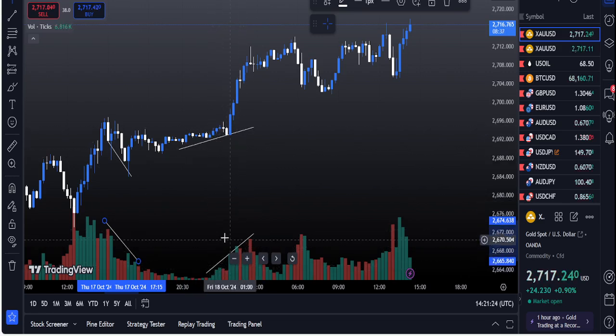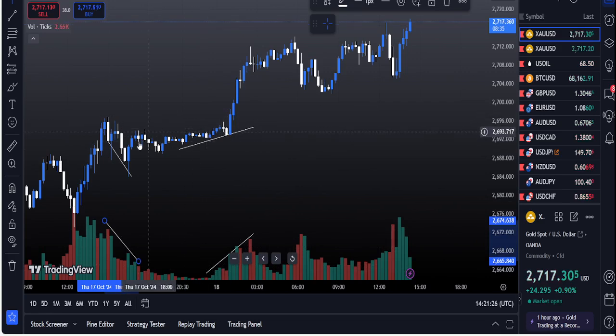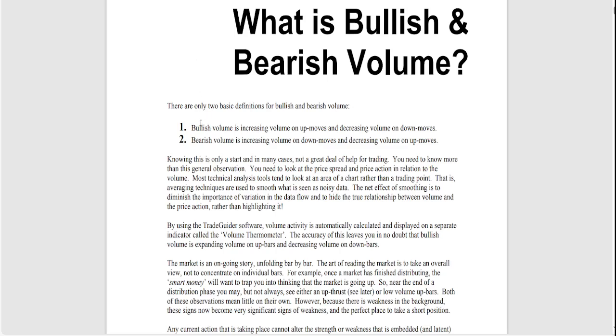In part B, price is going down and volume is decreasing, which we also call bullish volume. So when the market is in bullish volume behavior, it means that the big players, the big fishes, are on the bullish side. That is the meaning of bullish volume: increasing volume on up moves and decreasing volume on down moves.